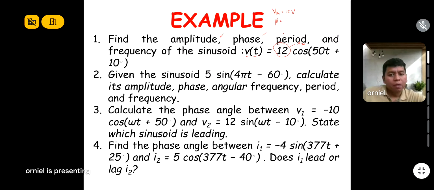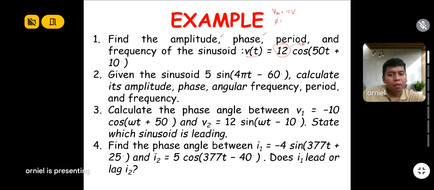The phase is just 10 degrees; the 50t is the angular frequency. So for the phase, it's 10, meaning it's in degrees, or angle. That is 10 degrees for the phase.